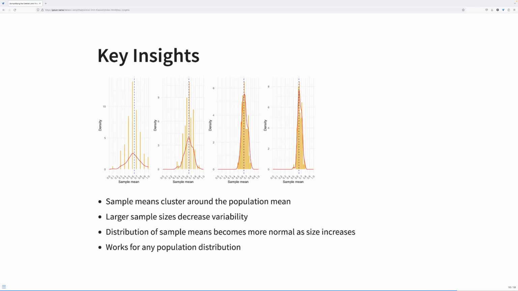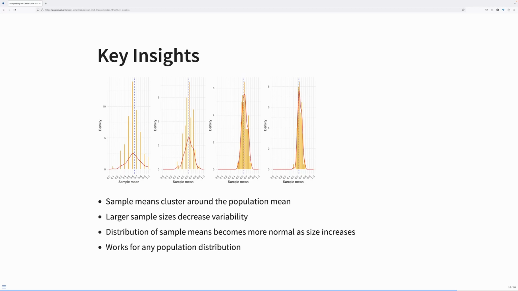So here are the key insights from the central limit theorem. Sample means cluster around the population mean, some higher and others lower. Large sample sizes decrease variability. When we increase the sample size from 10 to 100, the sample means get more tightly clustered around the population mean.